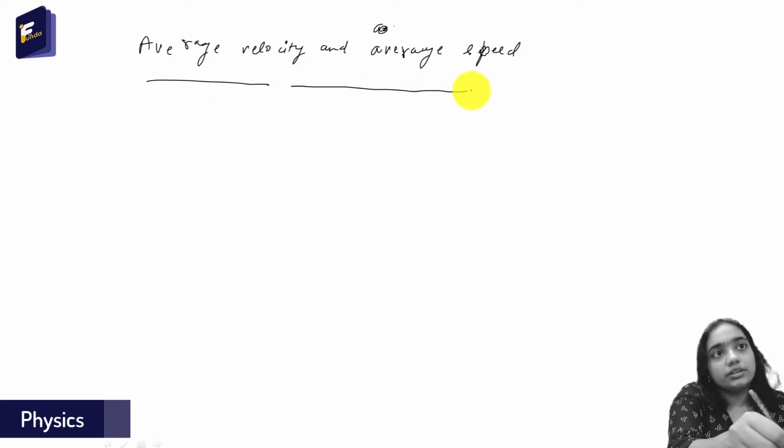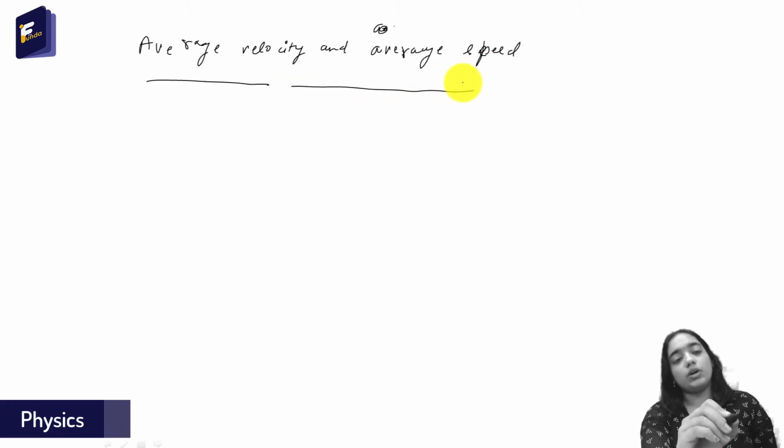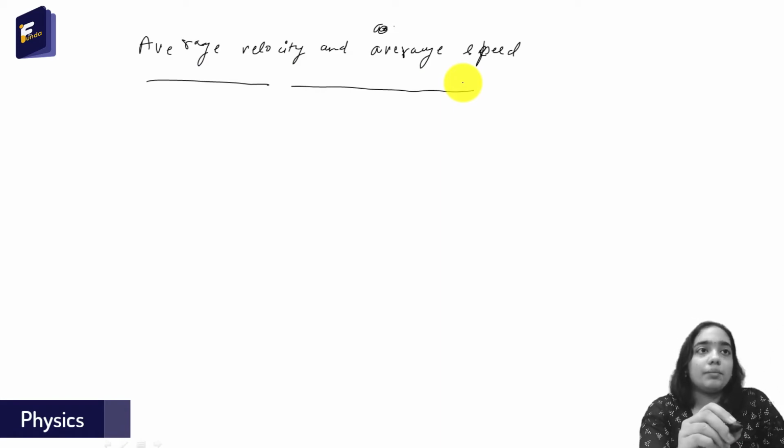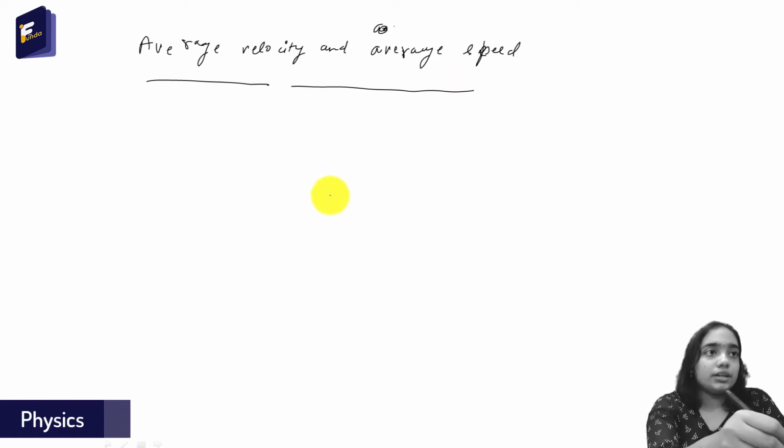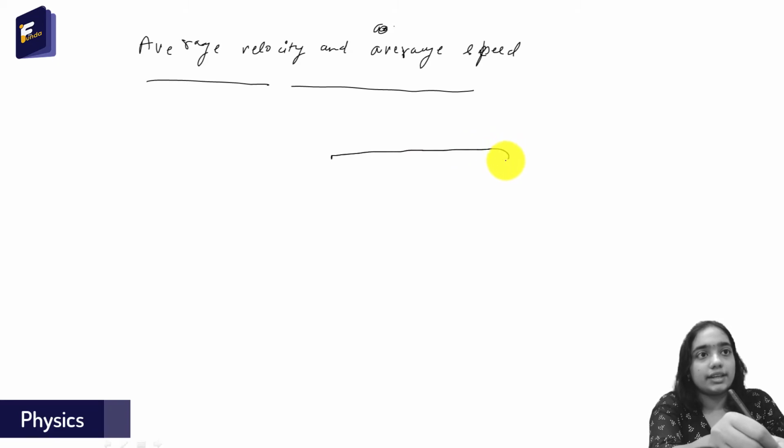So before learning this, we have to know what is distance and what is displacement. If a particle journeys like this, I will give you a question about that, but let us think.